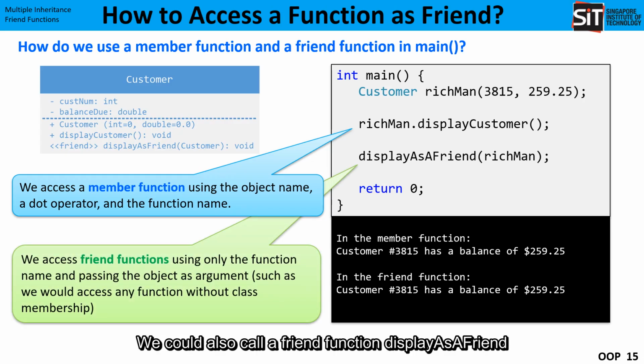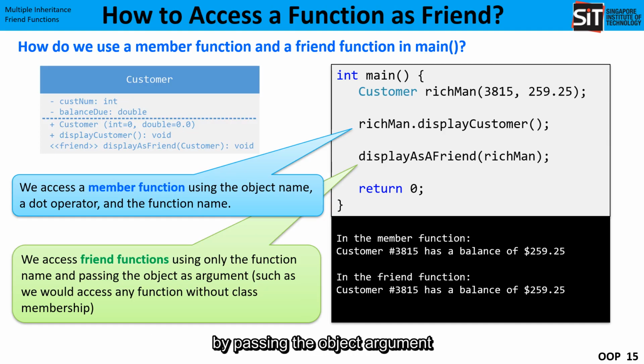We could also call a friend function display as a friend by passing the object as argument, without any class membership. We would still be able to access and display the values of the class member variable.